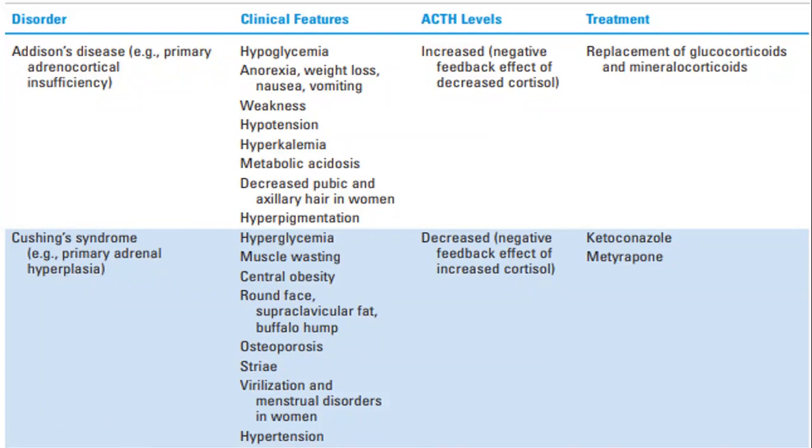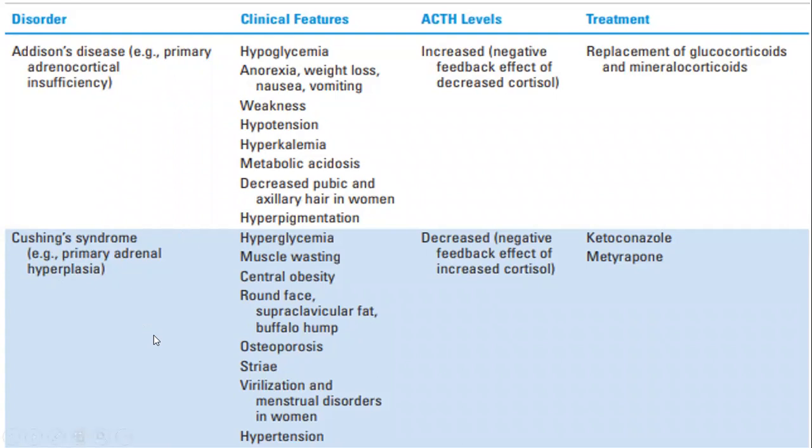It's different from Cushing syndrome because Cushing's disease is usually caused by overproduction of your ACTH, which is not characteristic of your Cushing syndrome.